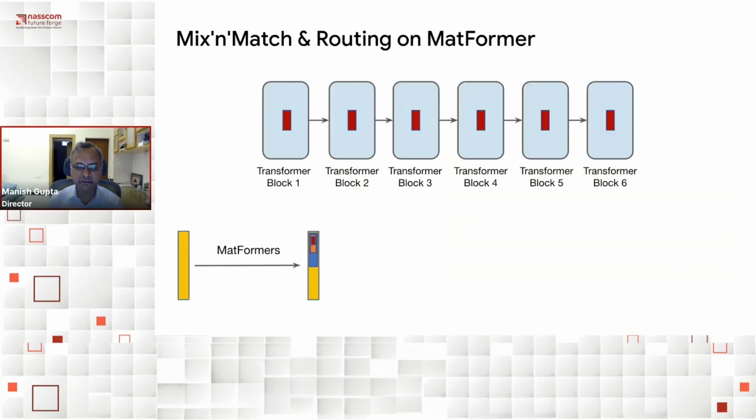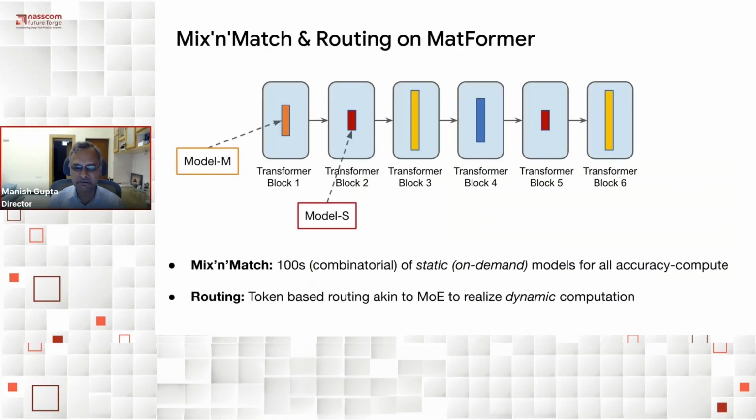And as you have multiple such layers, and as you pick and choose different sized blocks, you can actually get exponentially large variations in terms of overall different sizes of these models and correspondingly the computational cost and power.